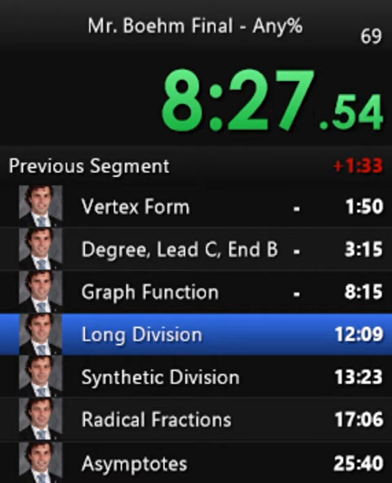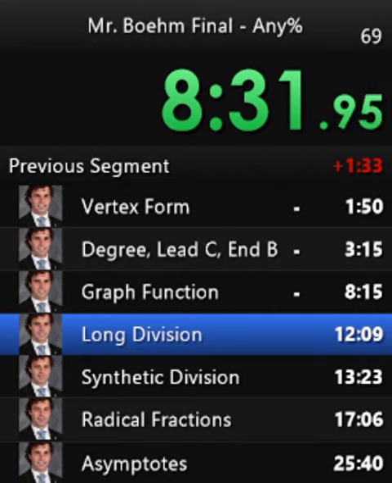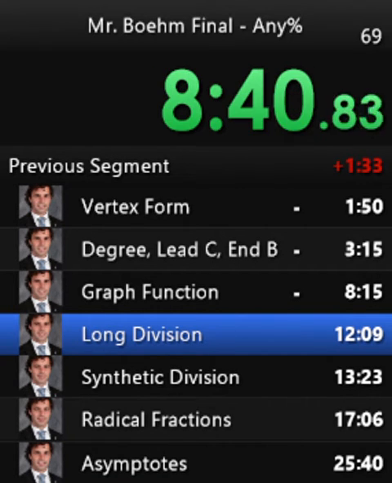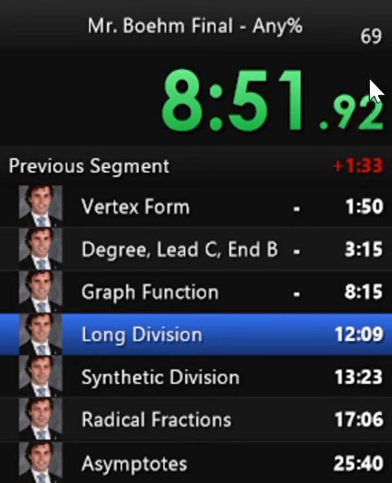So first, set up your problem like this: 24x cubed minus 48x squared minus 10x minus 57. Okay, so we can use our factor right here, 4x minus 10.